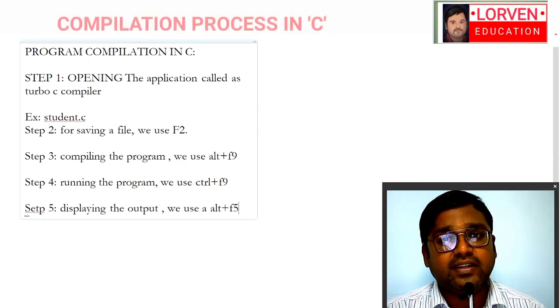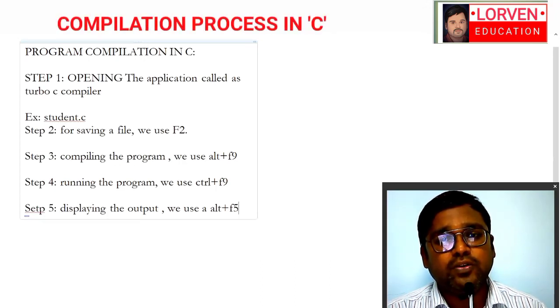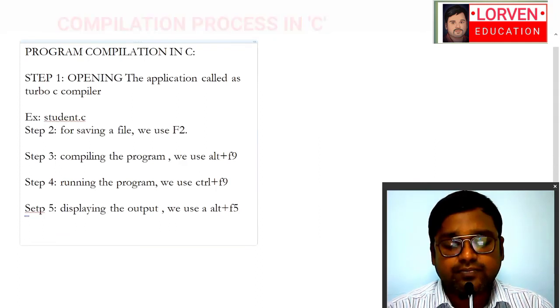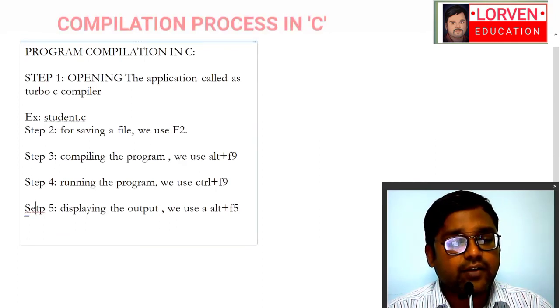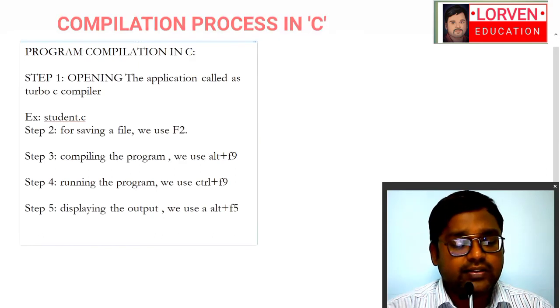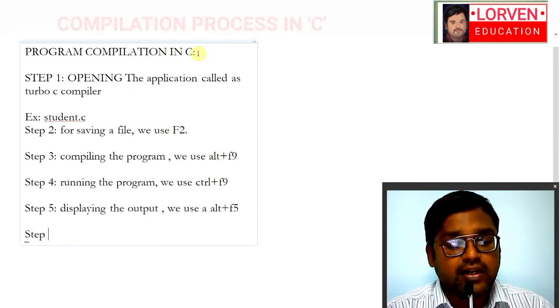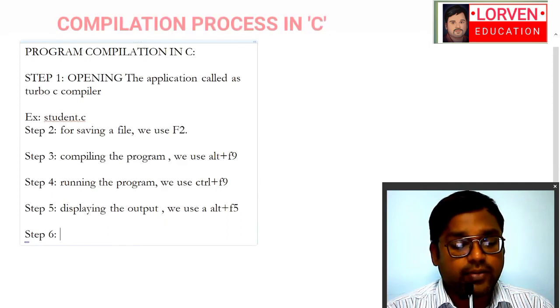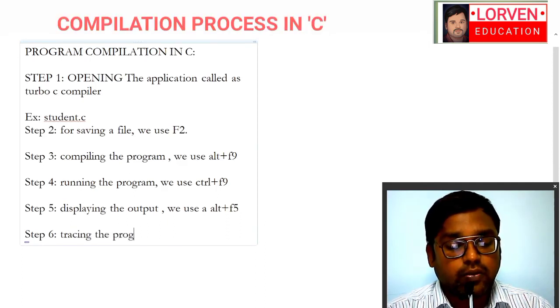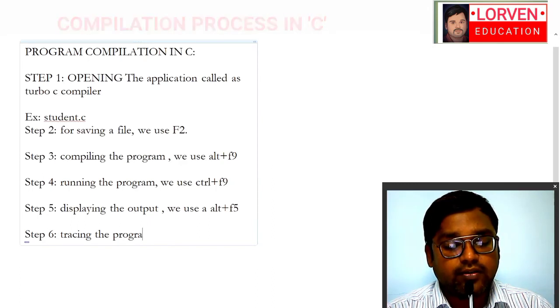For tracing any C program, you will use a shortcut called F7, and whenever we are writing the code, we will definitely talk about the step called tracing the program. So for tracing the program, okay, we will be using F7.